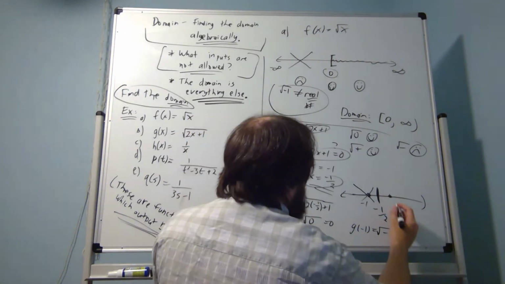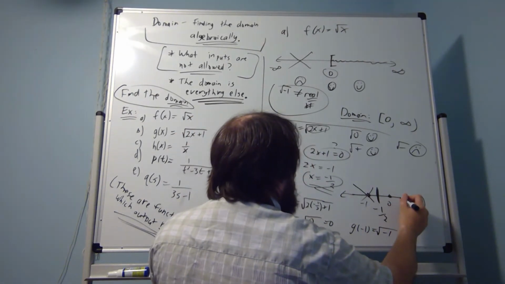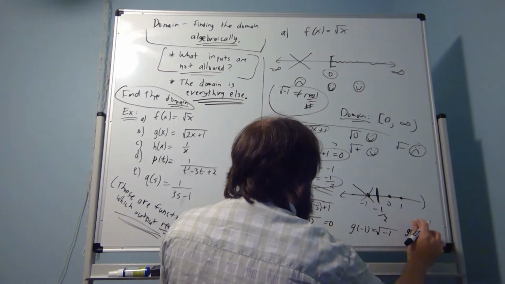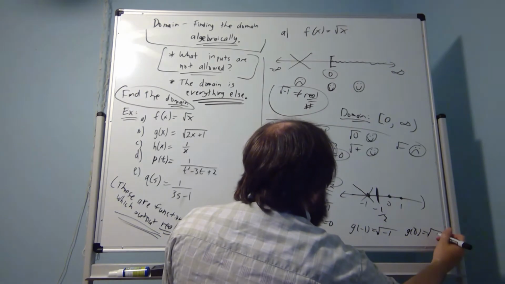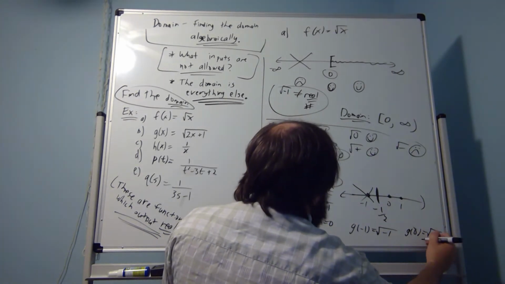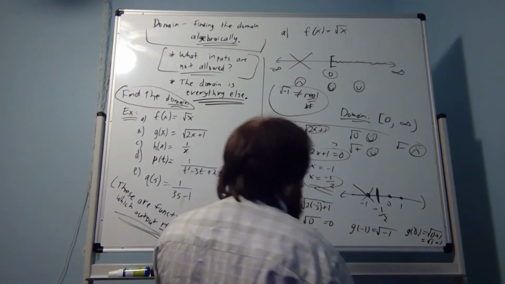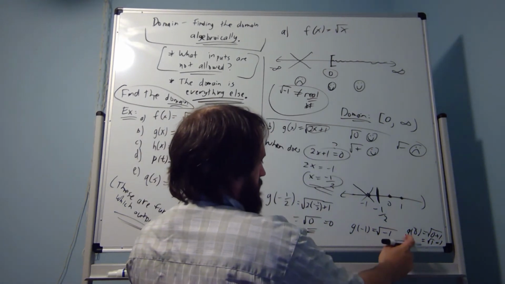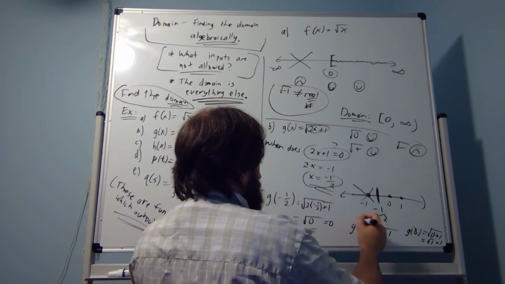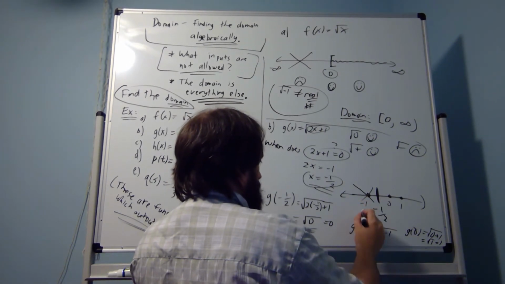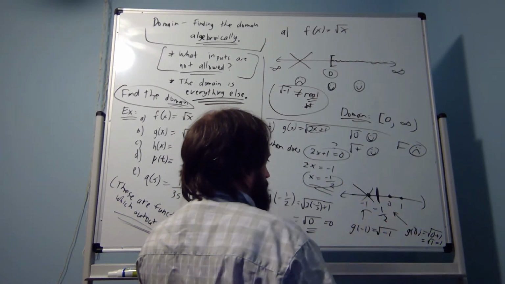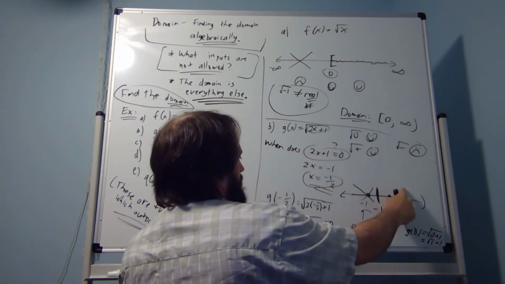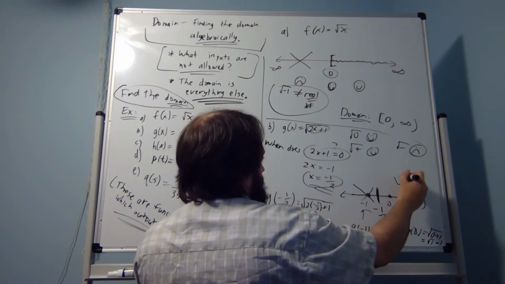But if we plug in, well, here's a 0, we could check positive 1. g of 0 is equal to square root of 0 plus 1, which is square root of 1, which is 1. And similarly, g of 1 is square root of minus 3, which is not real.